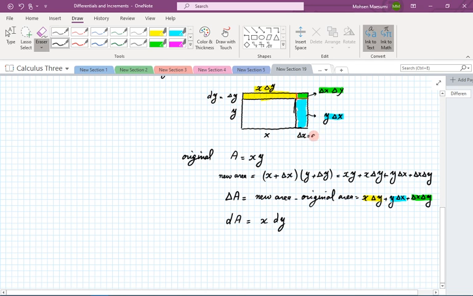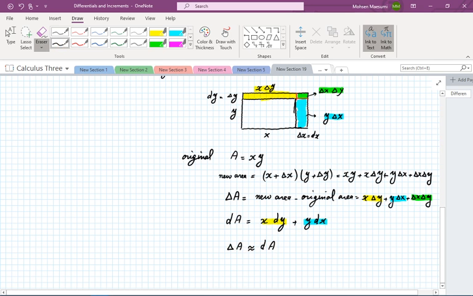This delta x also exactly the same as dx. So I have x dy, and then the blue piece is y dx. We just do away with that green portion. So that's where our approximation comes in. So when we are saying these are approximately the same, meaning they don't have to be the same, they are close by because one of them has the green piece in it and the other one doesn't.